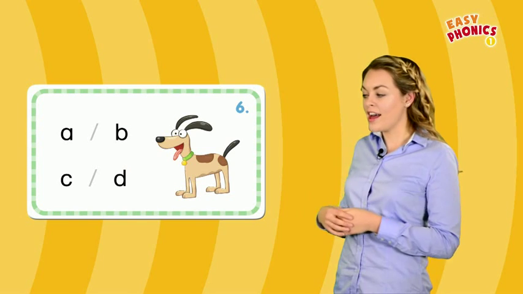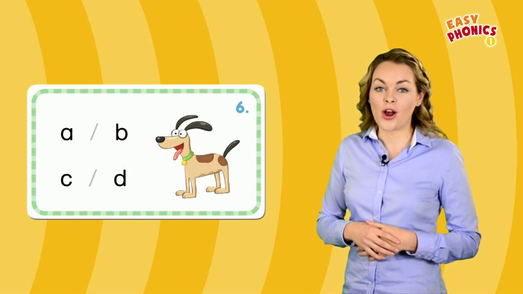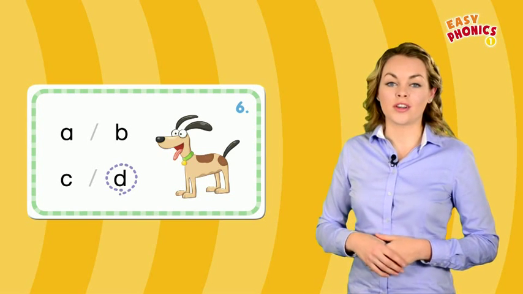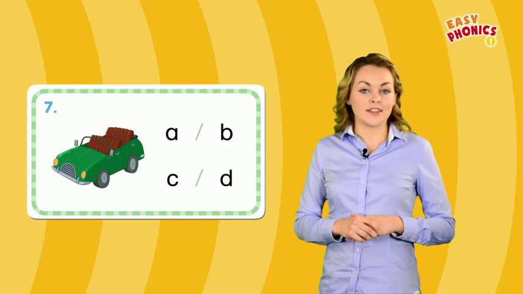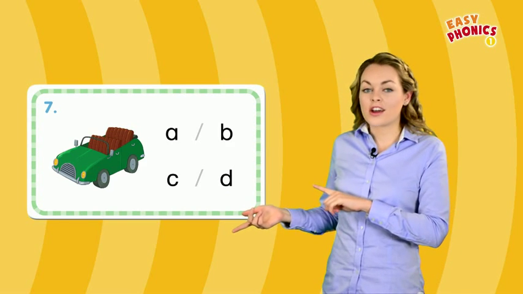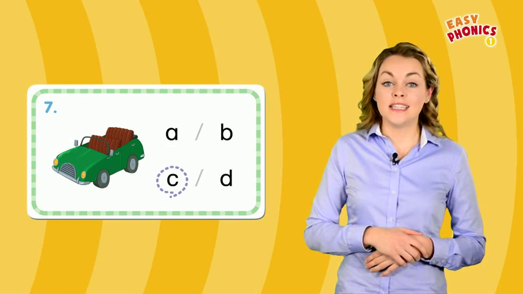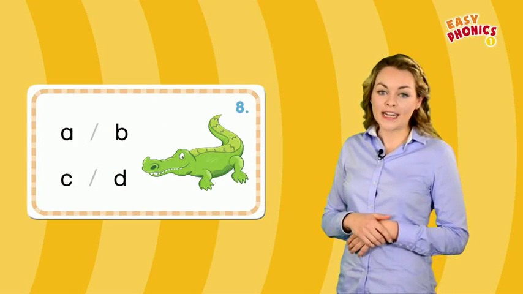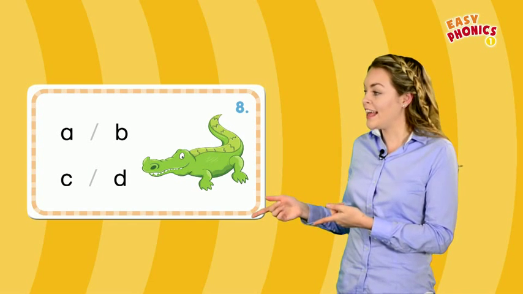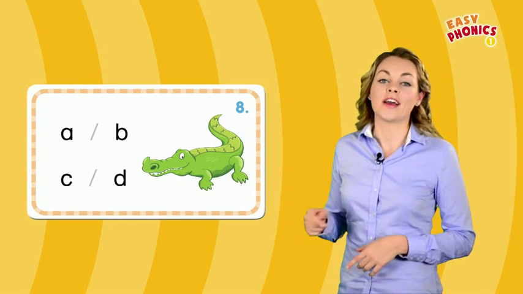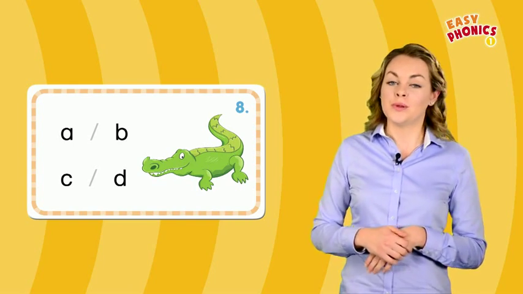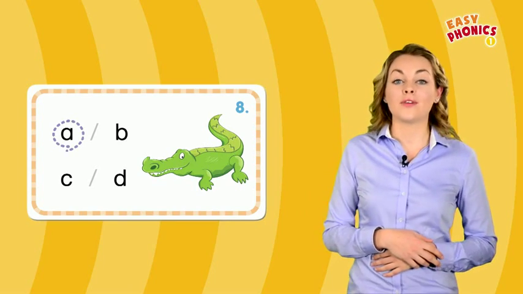Next we have, it's a dog. Dog. Good. Next we have car. Car. So go and circle letter C. All right. And finally we have an alligator. Alligator. So you need to circle letter A for alligator.